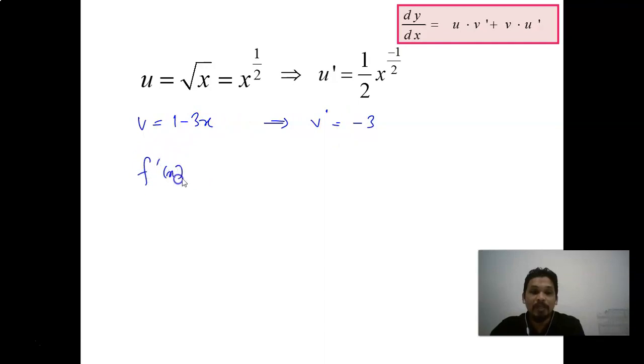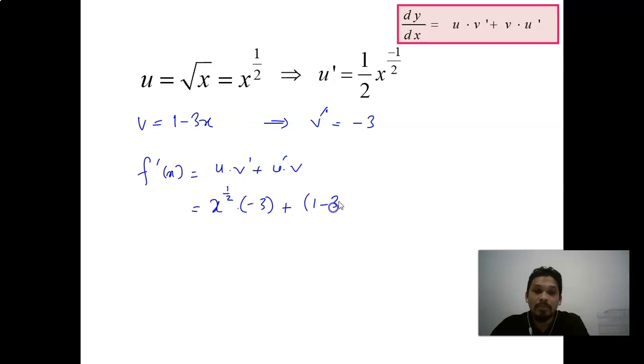So f prime x equals u multiplied with v prime plus u prime times v, or v u prime, still the same. So u equals x to the power of half multiplied with v prime equals negative 3, plus v equals 1 minus 3x, and u prime equals 1 over 2 x to the power of negative 1 over 2.